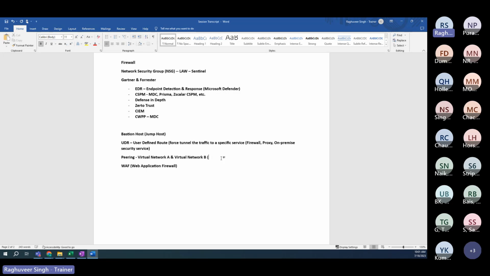However, you need to understand some prerequisites. First, if you are connecting two virtual networks, their address space must not coincide and overlap. So they should not have an overlapping and coinciding address space. If they have overlapping and coinciding address space, then you cannot connect those two virtual networks. That is why networking is very important in cloud, because networking you will configure once and you will consume this service forever.